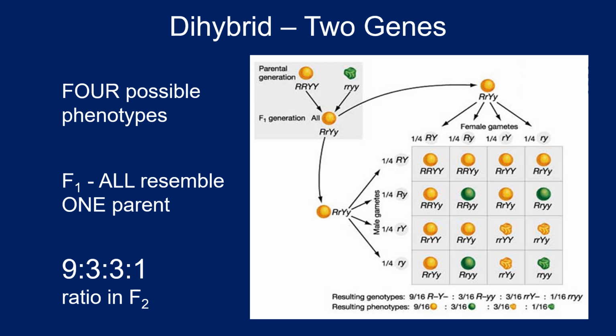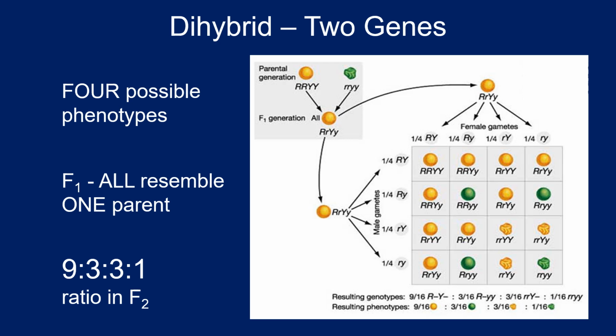So what we're going to do when we do this, we're starting with a diploid individual. And remember, the gametes that we draw on the axes of the Punnett square aren't diploid. They have to be haploid. They can only have 1 copy of an allele for each of those traits.